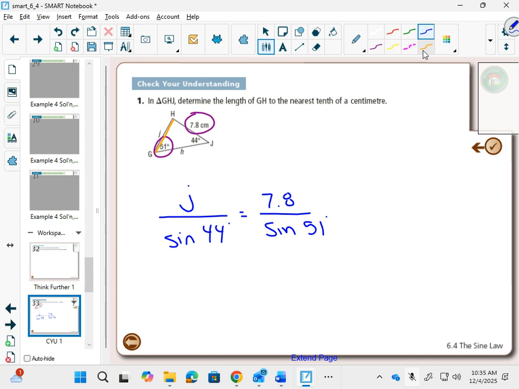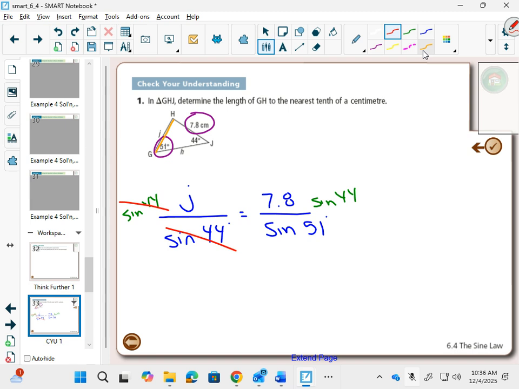But now, if I want to get J by itself, right now J is being divided by sine of 44. What is the opposite of dividing by sine of 44? Multiply by sine of 44. We multiply both sides by sine of 44. And most people won't show this.